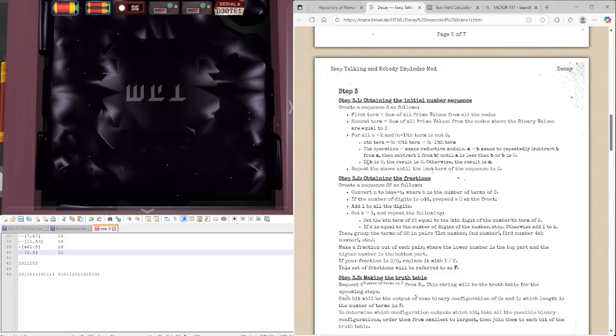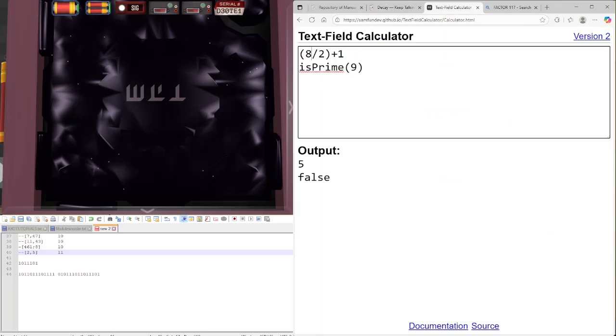So first, there are some prime values for all the nodes.